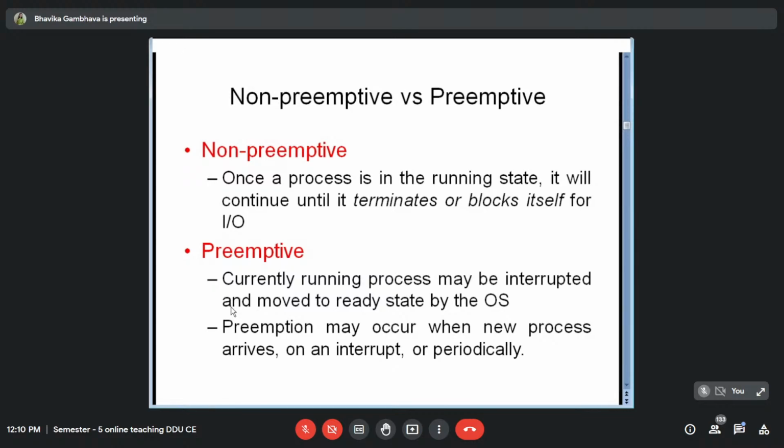So each process joins the ready queue. Can you tell me what the selection function is here? What is the selection function in case of FCFS? How do we select which job will be executed first? I want you to answer in terms of the parameters you already learned.